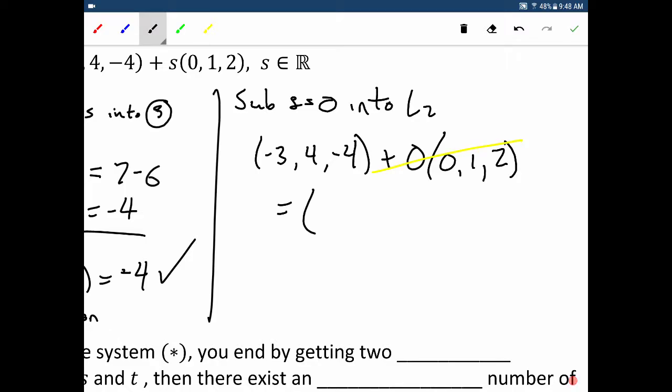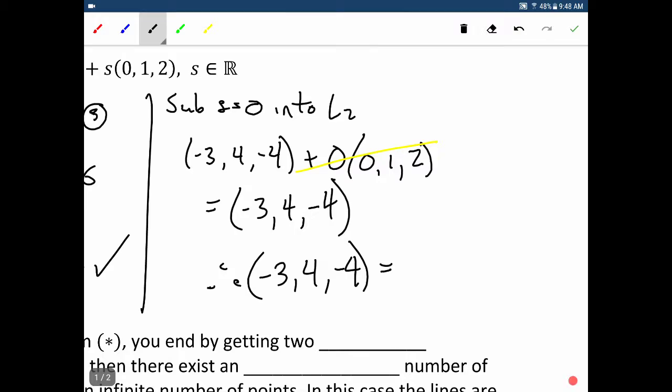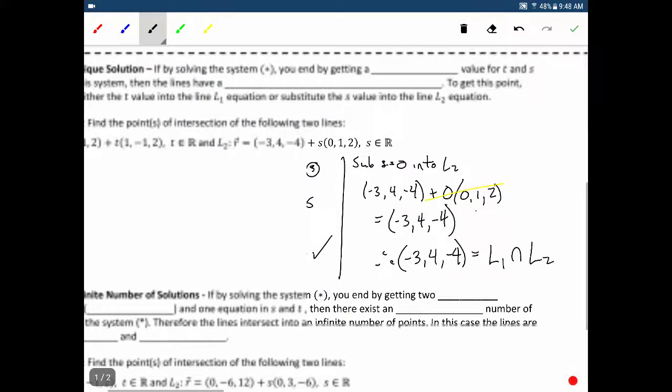And we're left with -3 for -4. Okay? So, therefore, that point is equal to the intersection of L1 and L2. Okay? And there we go.